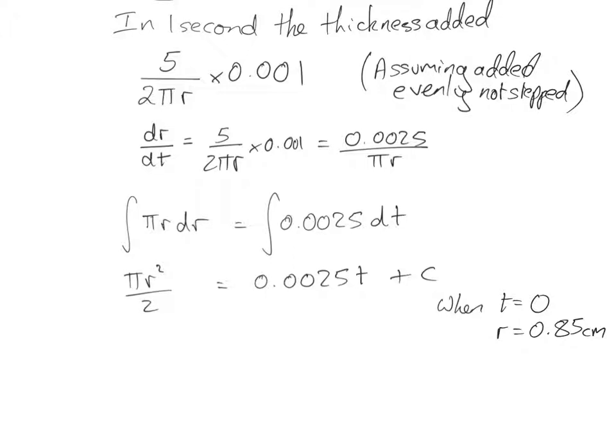We're told that in the question. So initially the take-up spool is empty, so it's like that. So we can sub that in, get t is 0, we get c is pi times 0.85 squared over 2, which is 0.3625 pi.